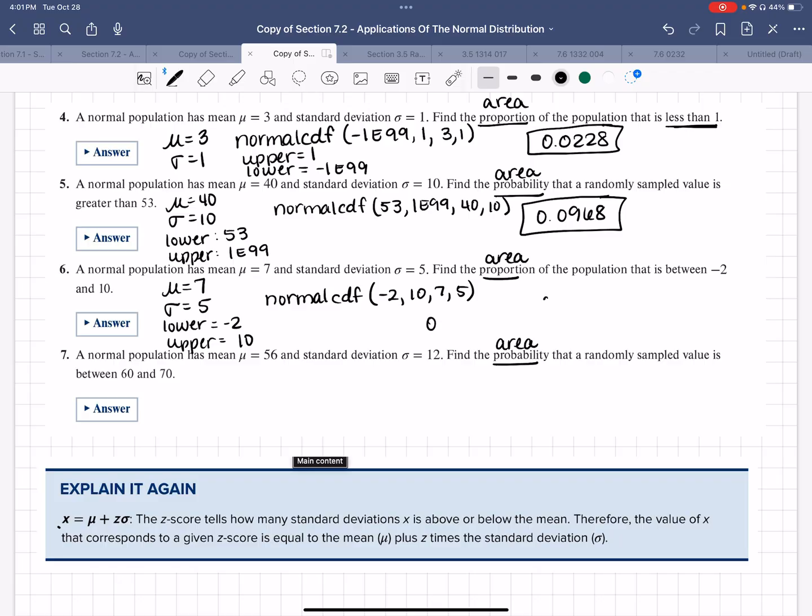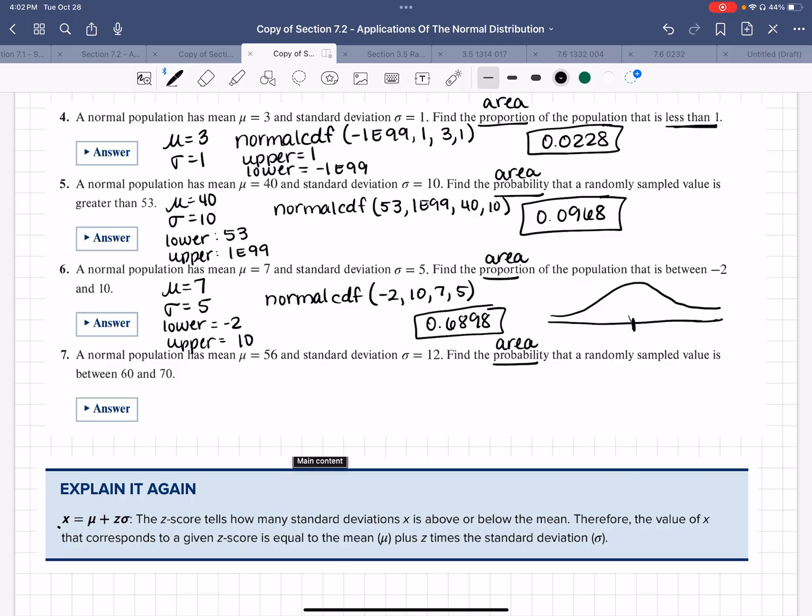So I'm going to write my answer right here. And let's look at a little picture of what's going on. You have your curve here, and mu is no longer 0.